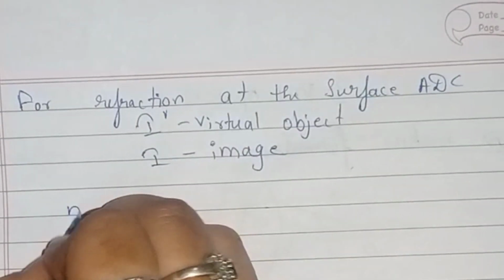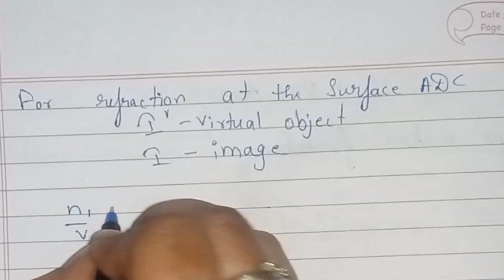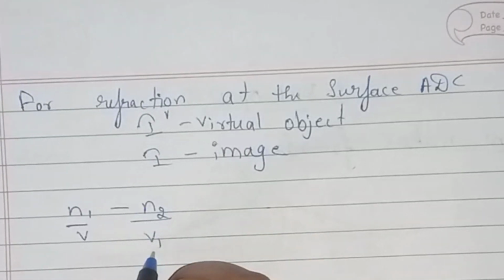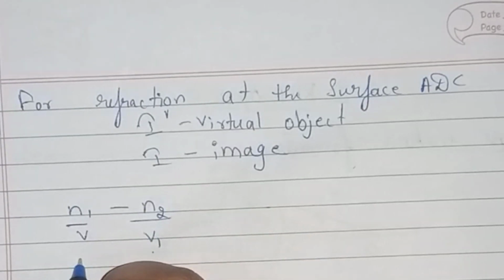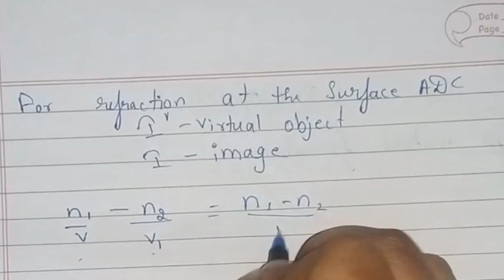Now it is going to be n1 by v minus n2 by v1. V1 is the object distance, v is the image distance, equal to n1 minus n2 by r2.